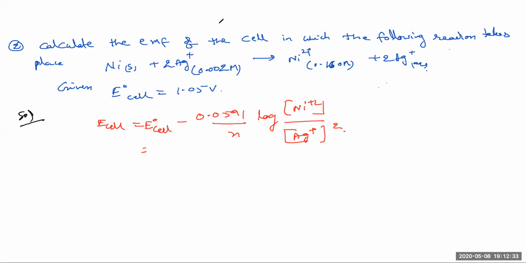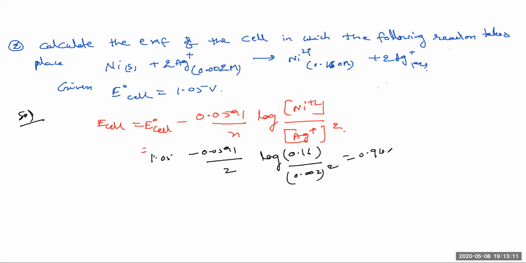So that means what is the 1.05? n value is 2, log of 0.16 by 0.002. That is the solution.